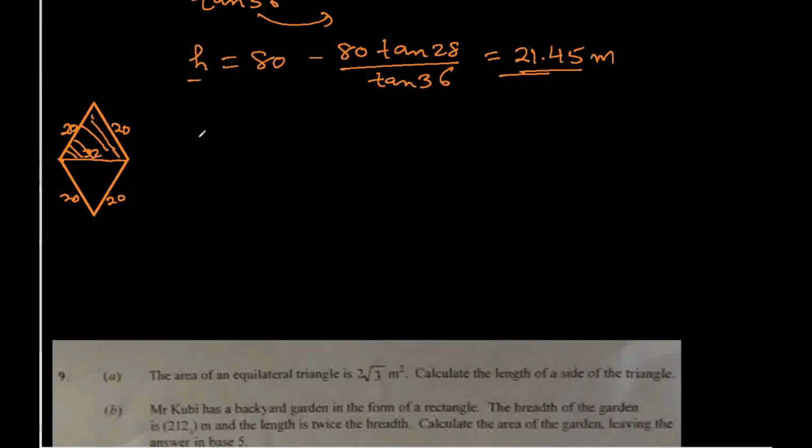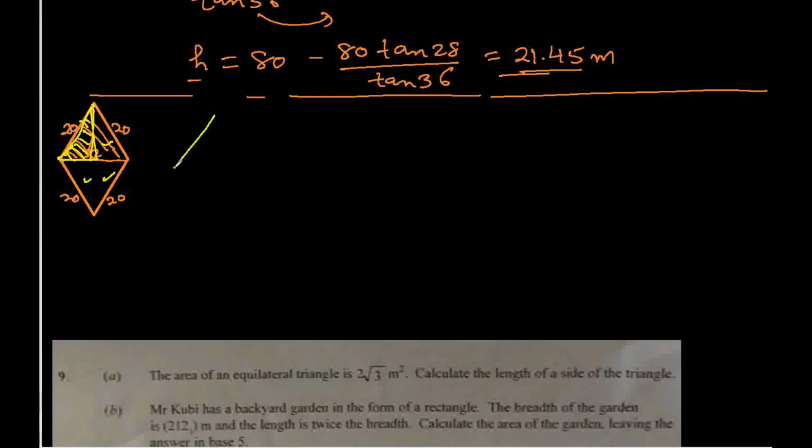Let me change the color. If I draw a middle line here, exactly in the middle, I find the area of this one and multiply by 4. There are 4 parts which are exactly like this triangle. And that's the new plan.